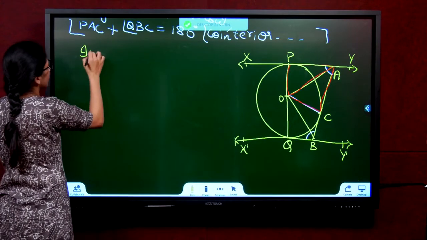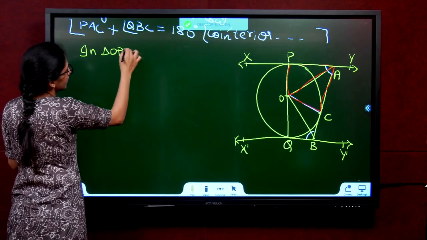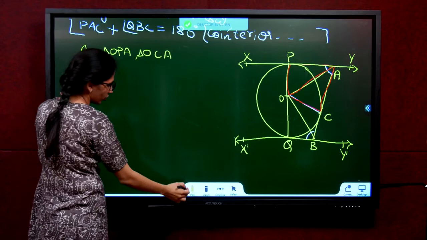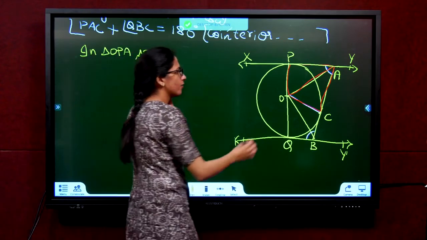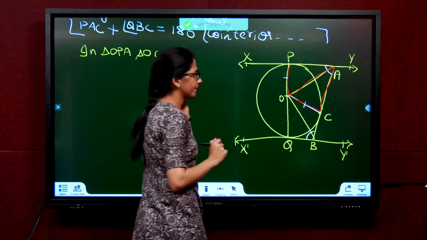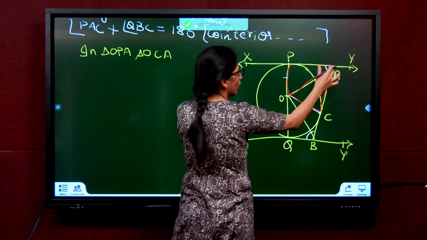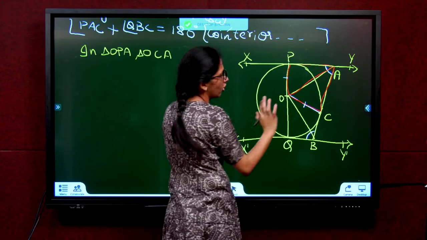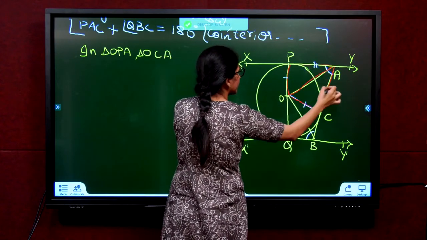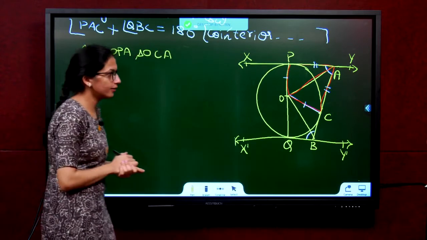So in triangle OPA and triangle OCA, see, what do we know? OP is equal to OC. Why? Radius. OA is equal to OA, common. AP is equal to AC. Why? Length of tangents from an external point are equal.